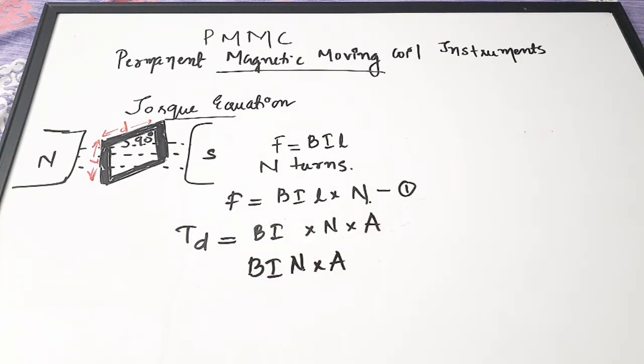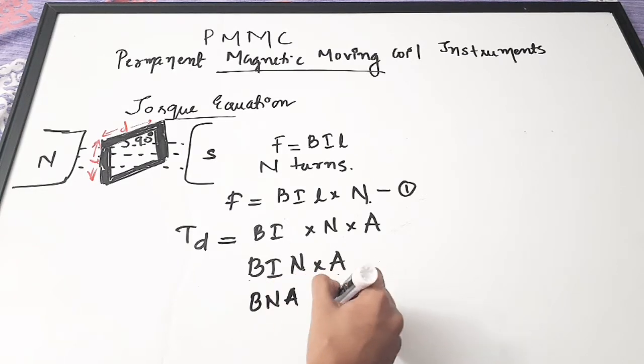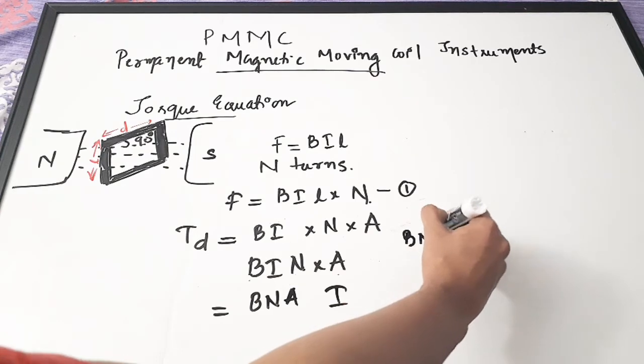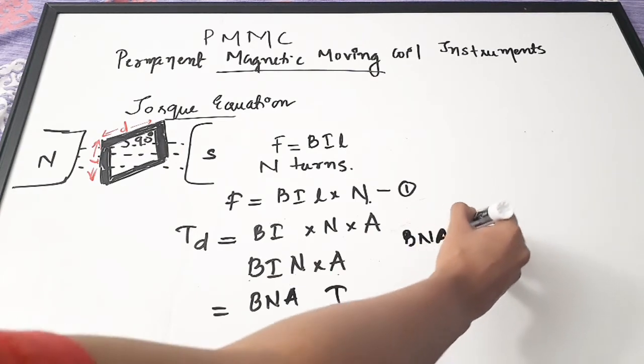Now you can take N, A and B together as a constant, because we know that the magnetic field for a permanent magnet will be constant. N is also constant, A will also be constant. So the only changing factor is I. So you can take B into N into A together, and into I. And you can replace NBA with a constant.